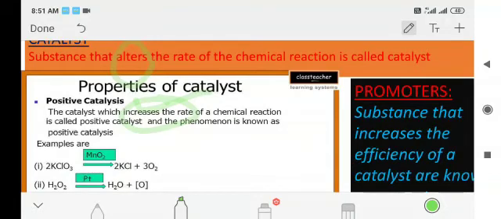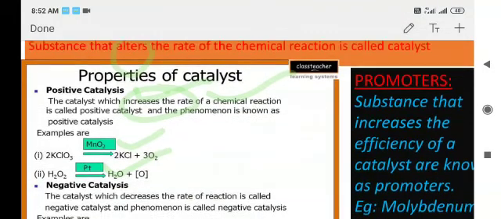Positive catalysts increase the rate of the reaction without taking part in it. It only increases the speed of the reaction. One best example for a catalyst is manganese dioxide. Platinum is another example. Learn at least one example by heart for a positive catalyst.